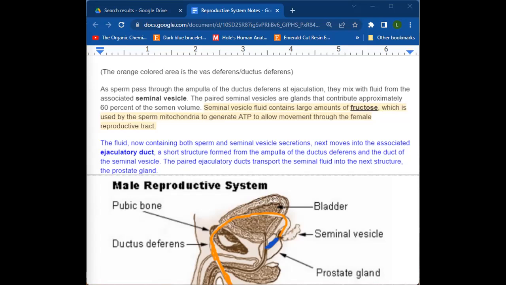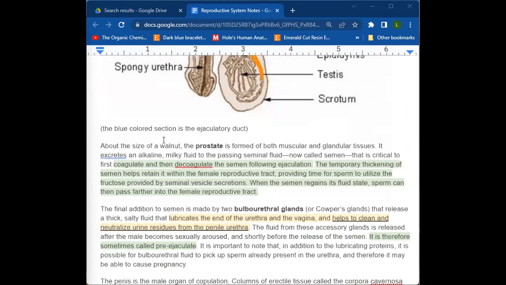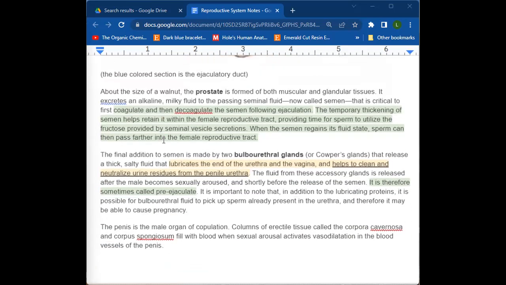Okay, then the next accessory structure is the prostate. So we need to know that the prostate gland is going to secrete coagulating and then decoagulating substances.